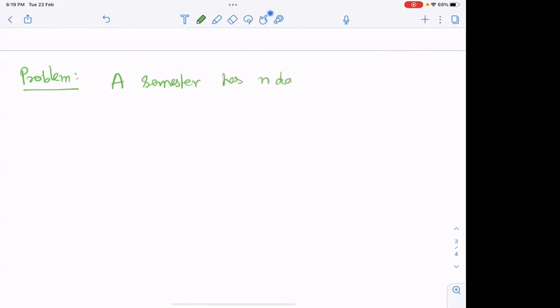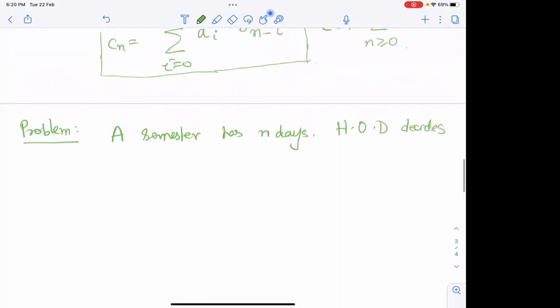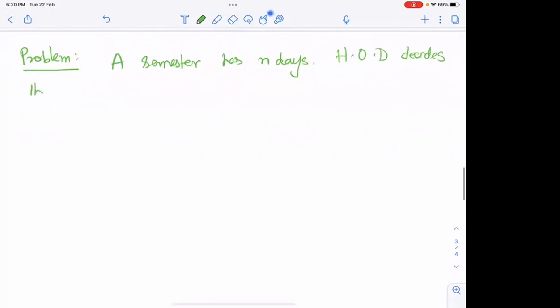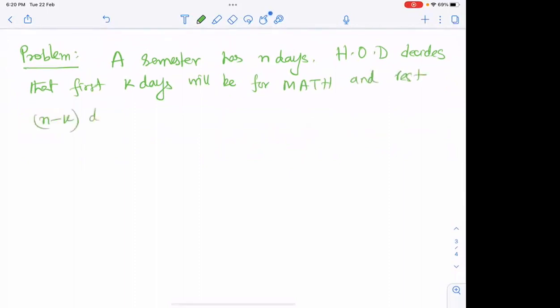The HOD decides that the first K days will be for math, and the rest, n minus K days, will be for physics.